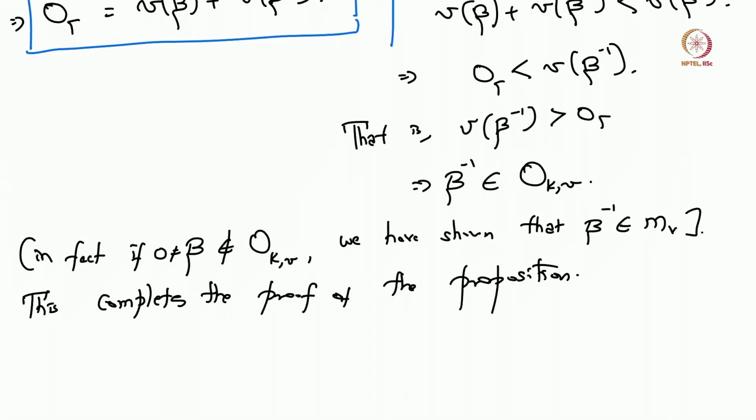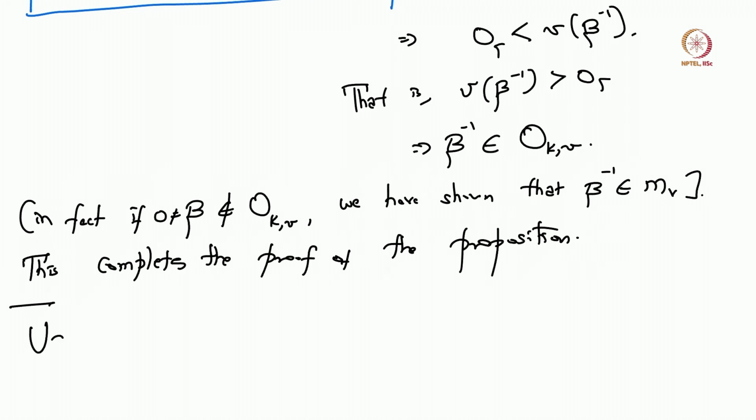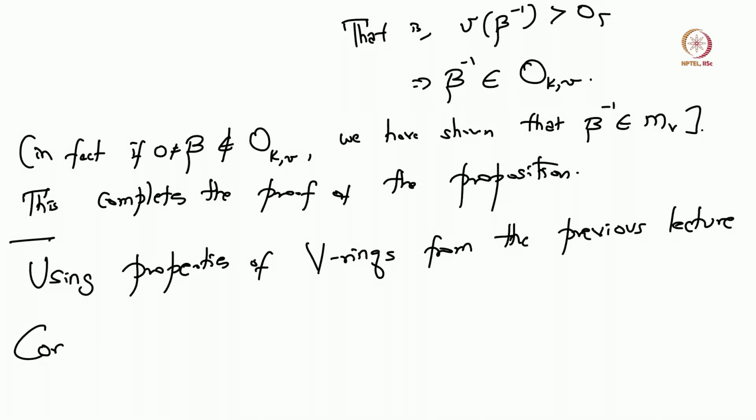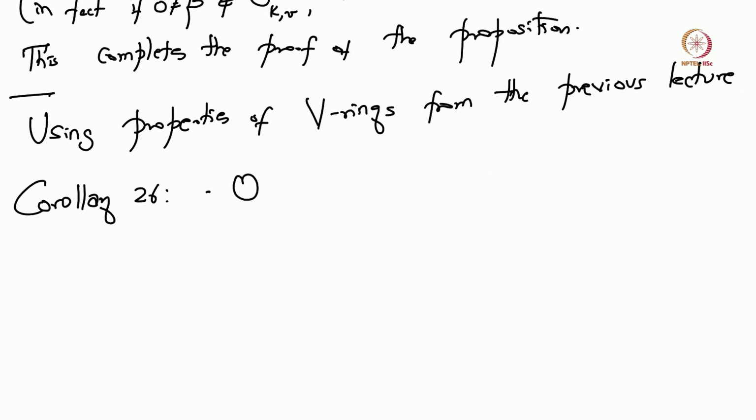And an immediate corollary, using the properties of V rings from the previous lecture. Let's call it corollary 26. So it follows immediately from all the properties we discussed in the previous lecture. So OKV is a local ring.